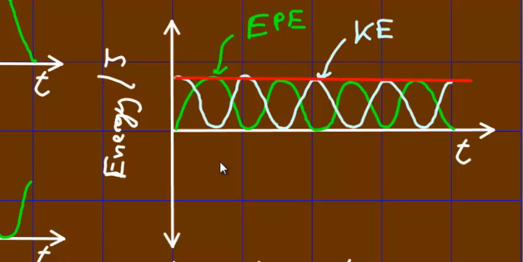If you take a look at this point, say right here, let's do a dotted line, right at that point all of the energy is potential energy. So the total energy is the maximum potential energy. And then a short while later, right here, all the energy is kinetic. So that's why that red line is at the tops of those crests.